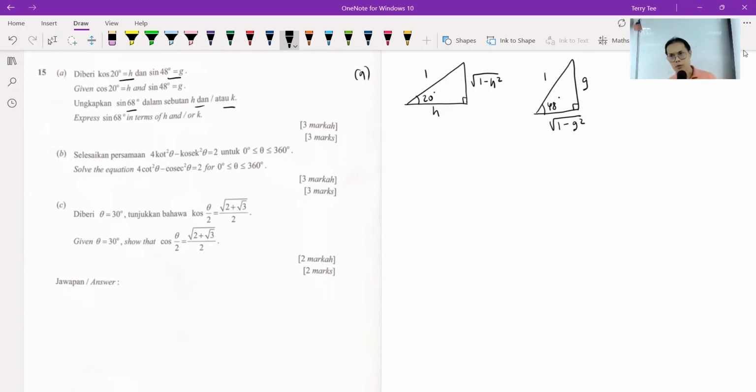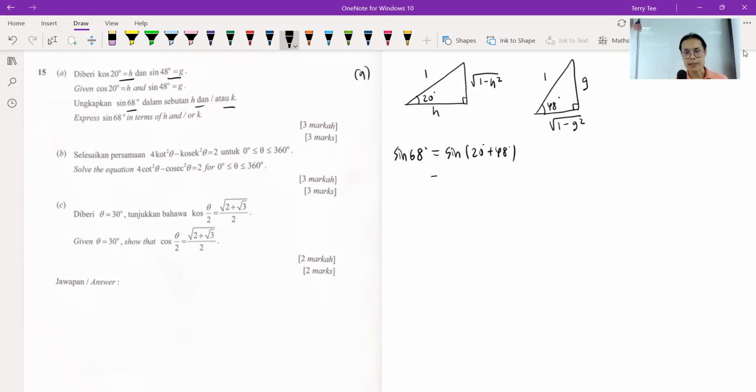Okay, yeah? So here we have to use the addition formula, rumus sudut majmuk, in bahasa. So we say sine 68. You can see 68 is a combination of 20 and 48, which is sine of 20 plus 48.